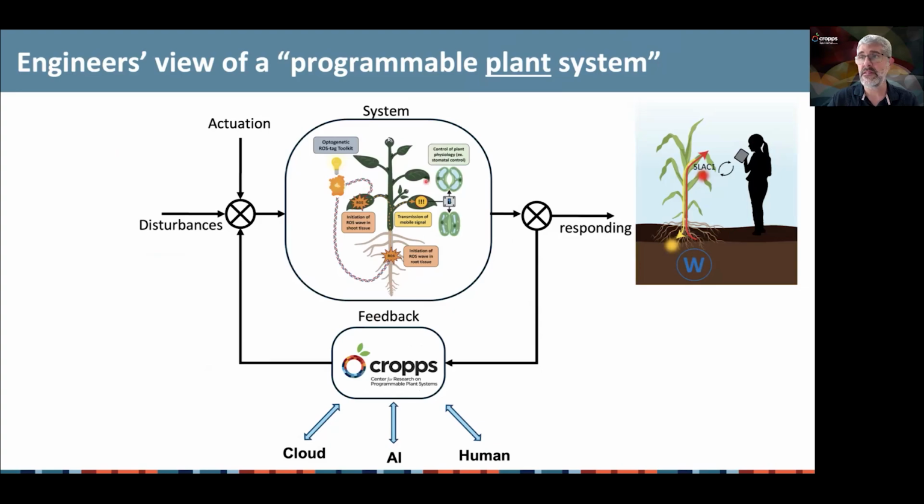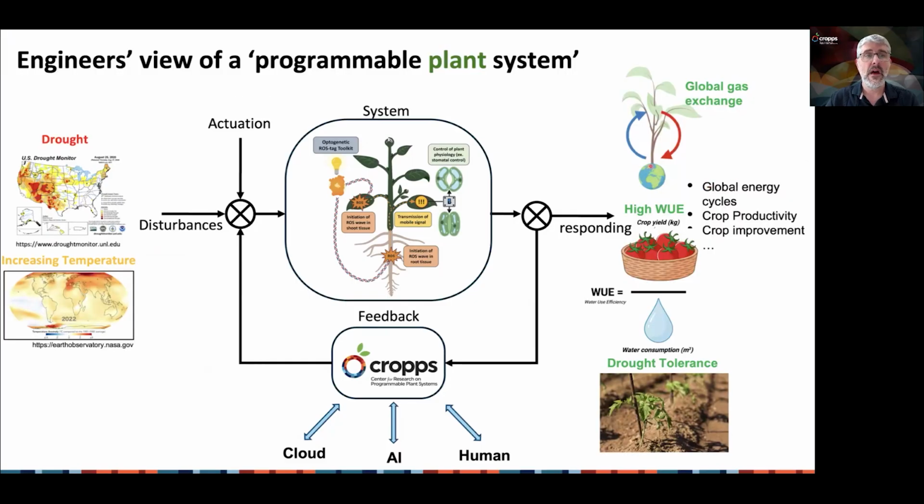So in this case, the system is the plant. The responding is going to be the agronomic traits and physiology that changes in response to the signals that go through the plant. Those signals are going to be controlled by disturbances and inputs into the system, and those disturbances can be caused by environmental stresses like drought and increasing temperature, which are, of course, related.